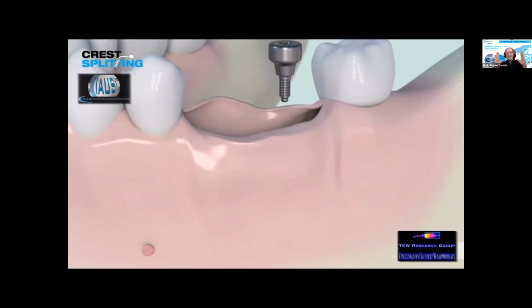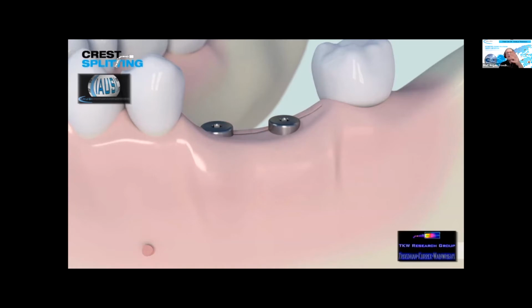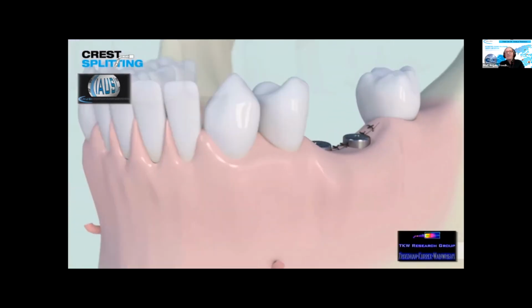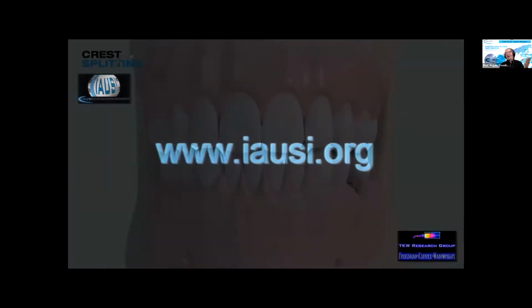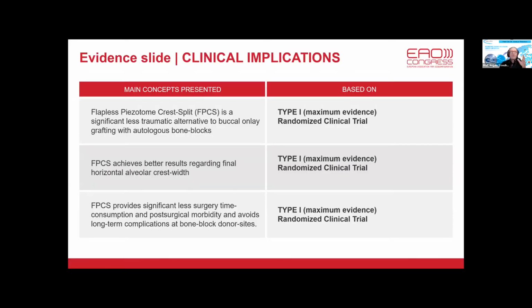They prevent that the bone squeezes back again and gets narrow again. Then you put some bone graft, you do the wound closure, and you're fine. And depending on the primary implant stability, you will be able to load these implants within, let's say, 4 to 5 months. What was the result of this clinical study?